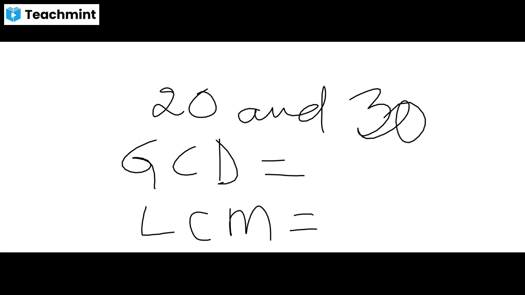Without wasting much time, just share your knowledge of what the GCD and LCM of 20 and 30 are. We are going to connect this numerical example with our polynomials. It's going to be 100% similar.